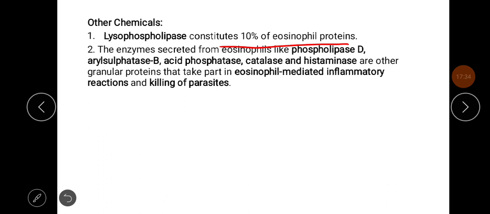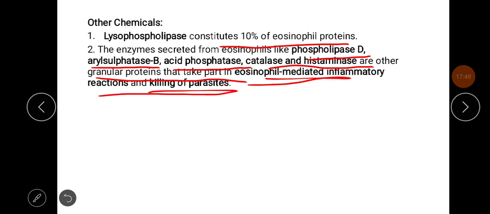The enzymes secreted from the eosinophils like phospholipase D, aryl sulfatase B, acid phosphatase, catalase, and histaminase are the other granular proteins that take part in eosinophil mediated inflammatory reactions and killing the parasites.